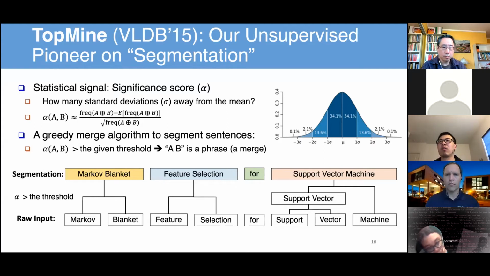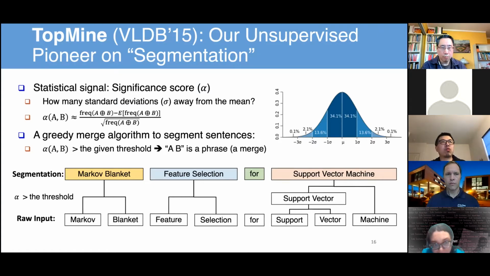I think many of you should know there's something called the normal distribution or Gaussian distribution. When we are looking at this distribution, when the observed value is quite far away from the mean, maybe 3 or 4 standard deviations away, we will say this is an outlier, or we say that this event is significant. It's quite different from the usual events.